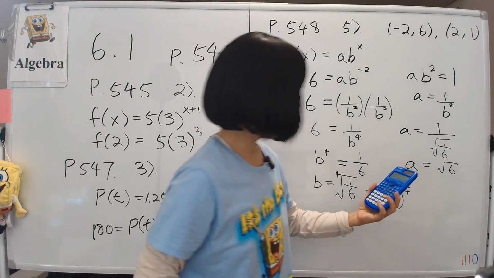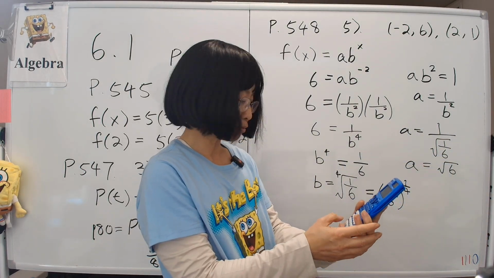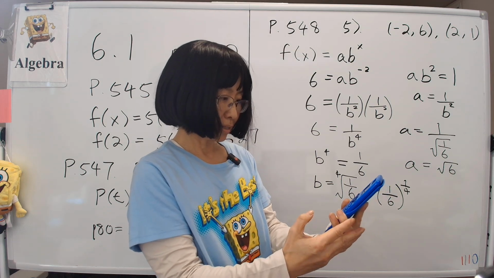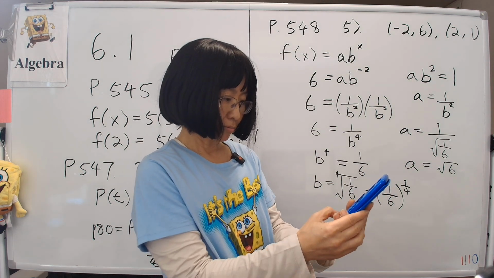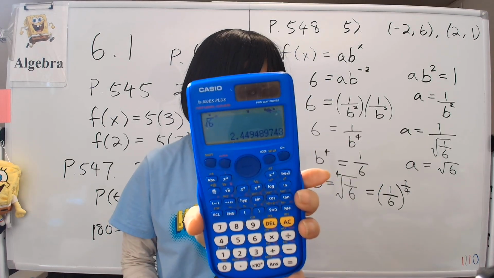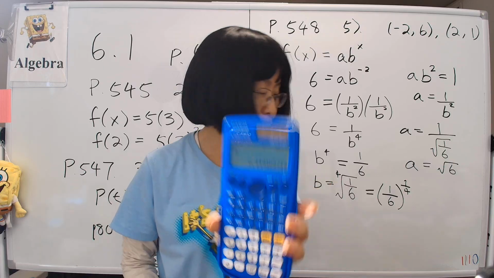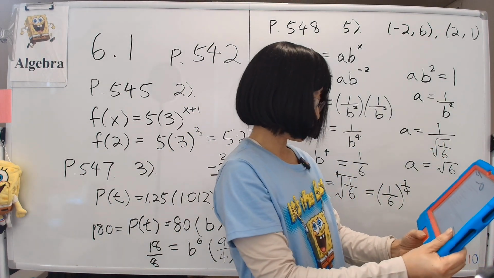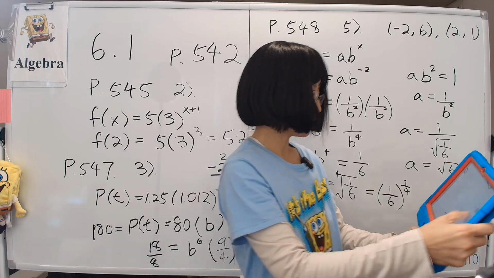And then I'll also calculate the value of A, which is just the square root of 6. Okay, I got the square root of 6 is 2.449, which is what the book says. And so that is correct.